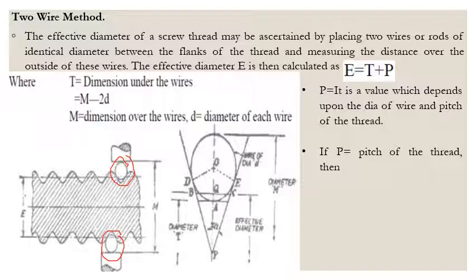These wires need to make complete contact with the screw thread at the effective diameter. In the further video we will discuss what is the best size wire and how the diameter of such wires is derived.